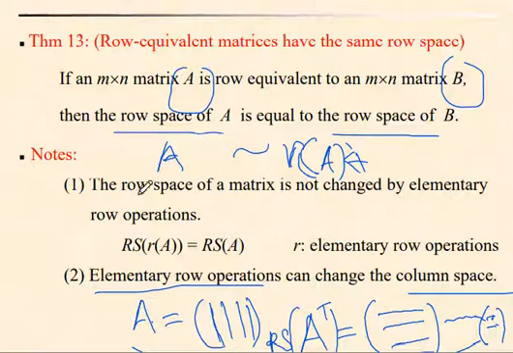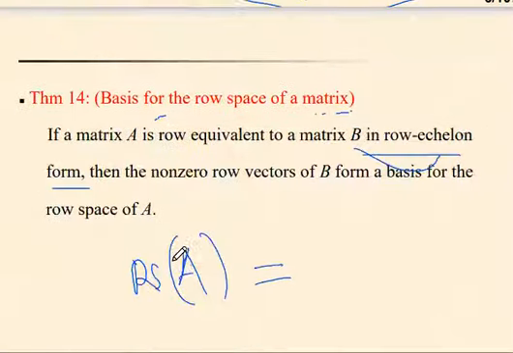If you perform row operations, the row space is never changed, right? So the row space of A is the same as the row space of the reduced form.